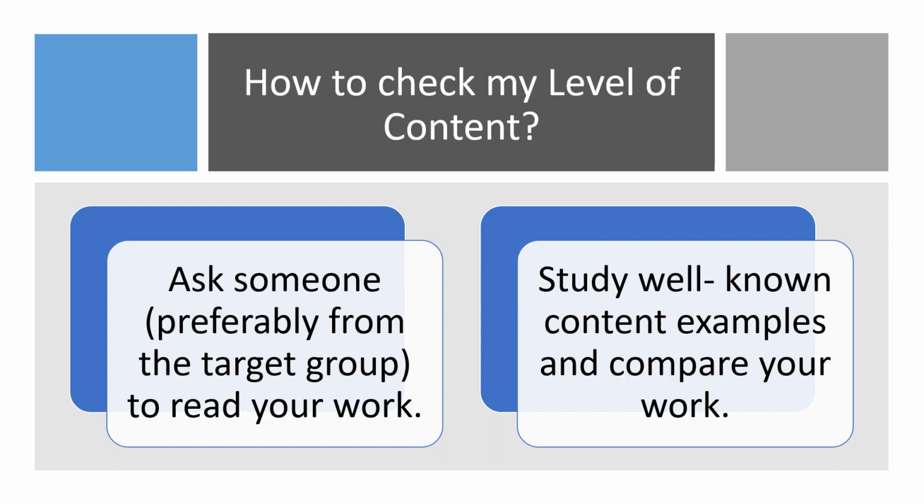Now, how to check your level of content? These are two best ways of checking the level of your content. First off is by asking someone, preferably from the same target group, to read your work.